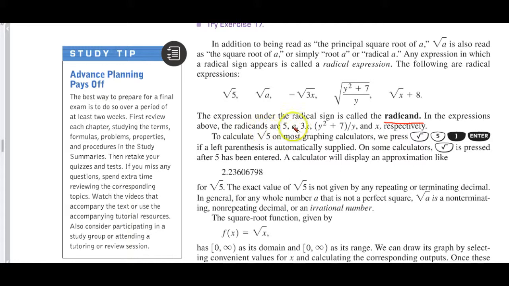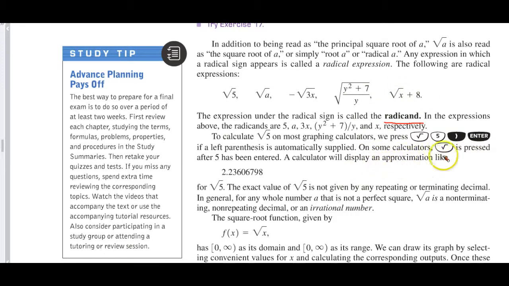And the radicand here is 5, here it's A, 3A, all of this, just the X, I should say. The 8 is not under the radical sign.